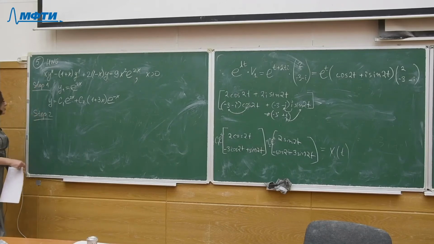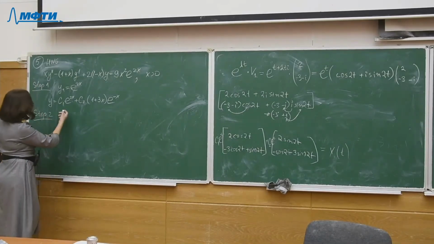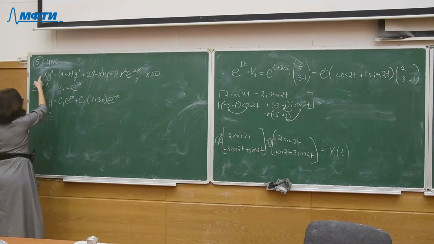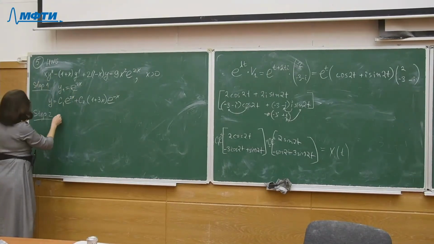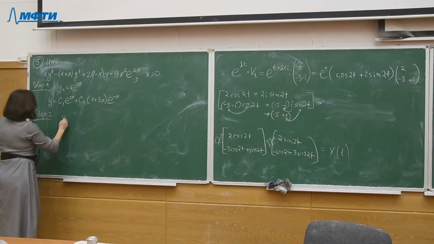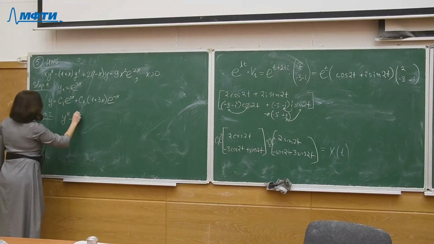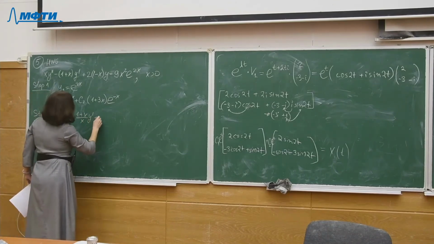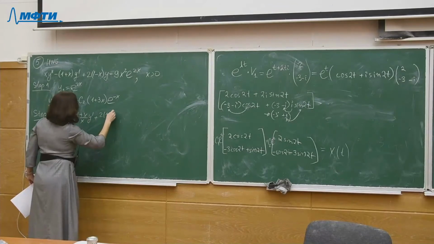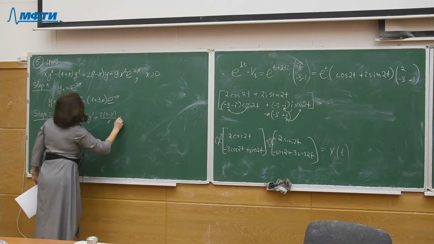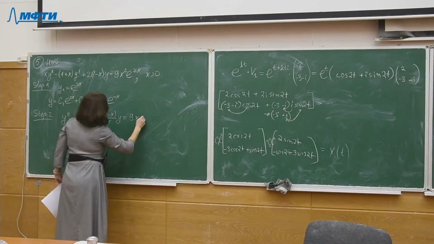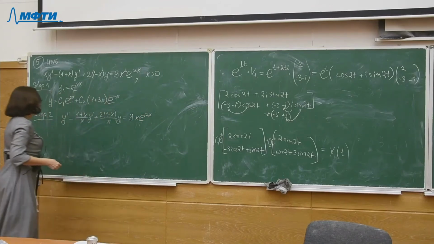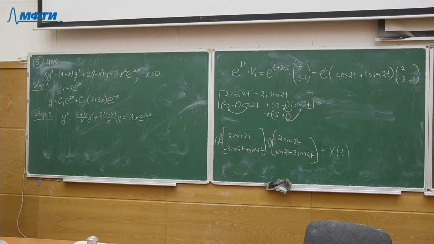To complete the solution, we first divide by the first coefficient and reduce our equation to the form y double prime minus (1 plus x) divided by x y prime plus 2 times (1 minus x) divided by x y equals 9x e to the power 2x.